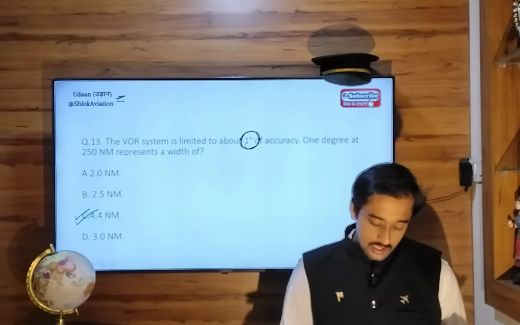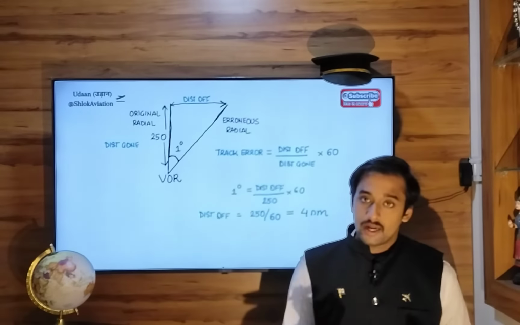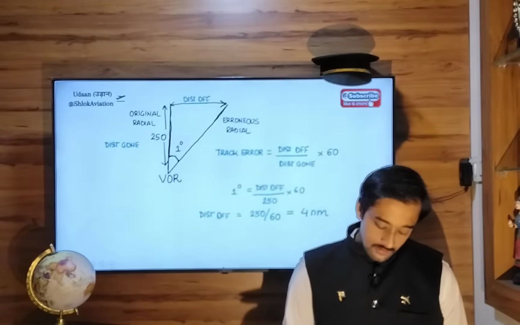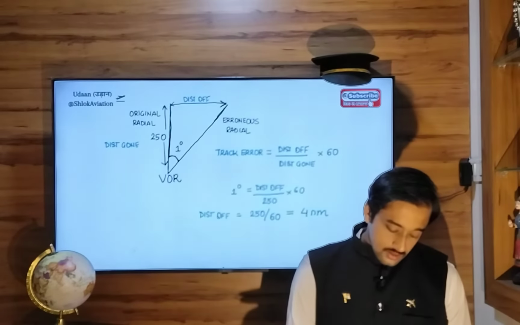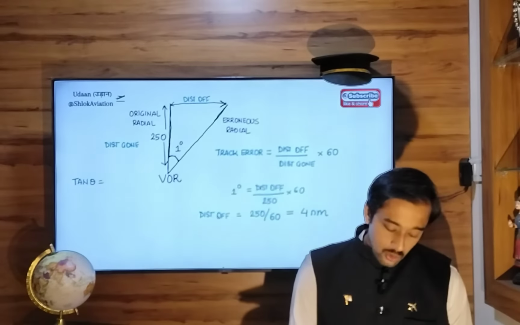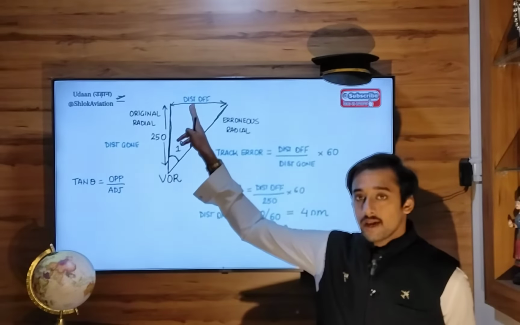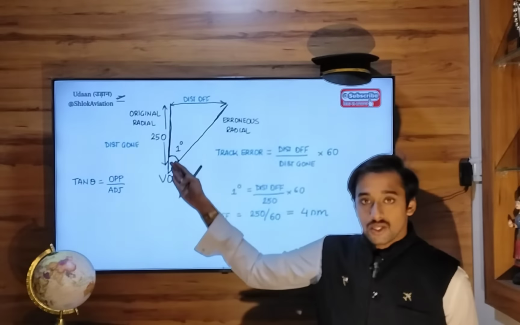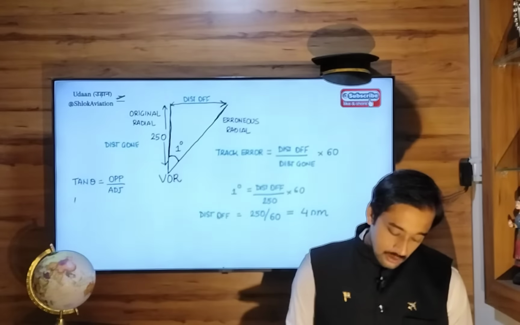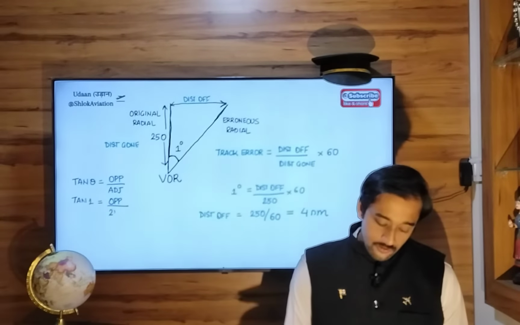4.4. Now what I have done is I have applied the 1 in 60 rule formula. You can also use the trigonometric formula and solve that. So we will do that as well. In that case you have to apply tan theta, which is opposite upon adjacent. This is the opposite side of this angle and this side is the adjacent side. So substitute the values: tan of 1 equals the opposite side, which is the width we have to find out, upon the adjacent side, which is 250.